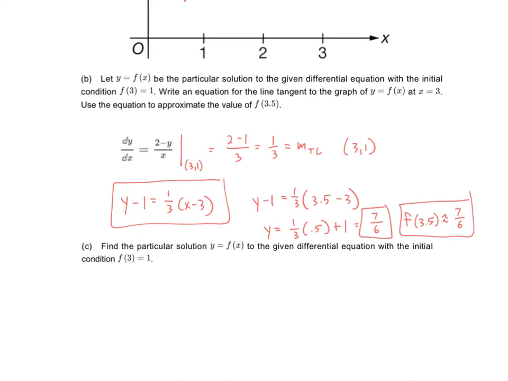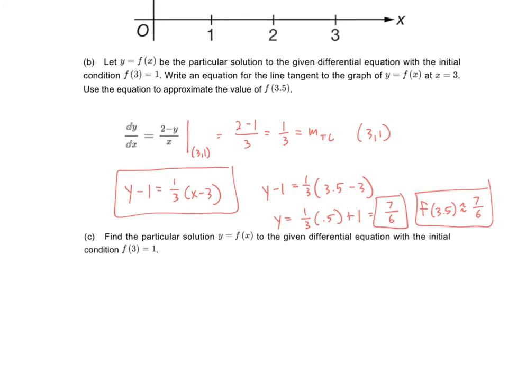All right, last one says find the particular solution y equals f of x to the given differential equation with that initial condition. So now we're actually finding the particular solution. We're not writing an equation of the tangent line.